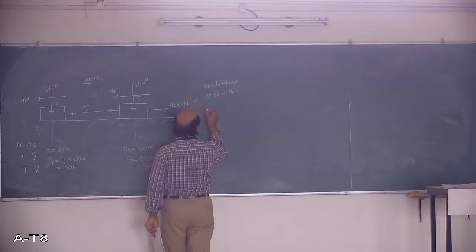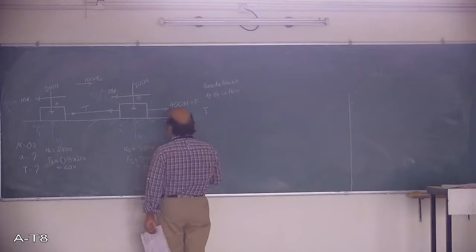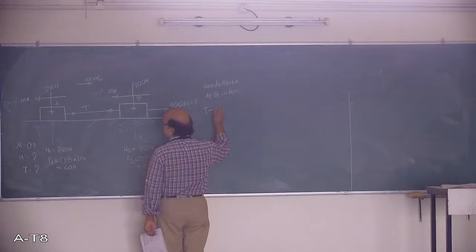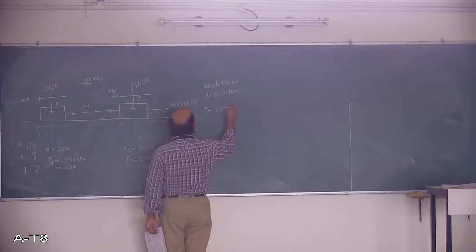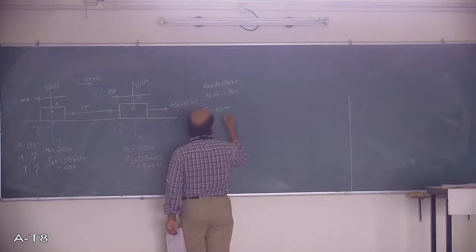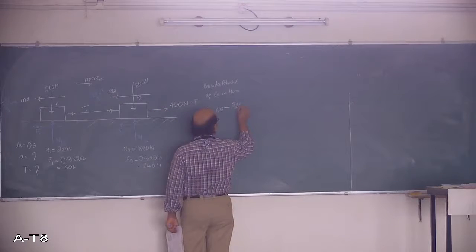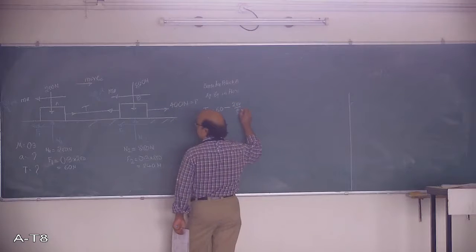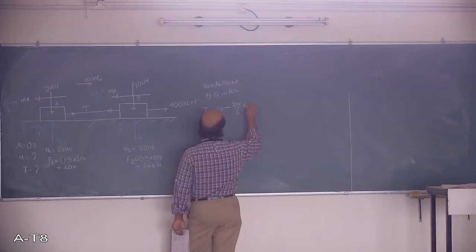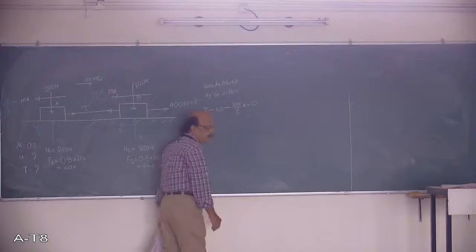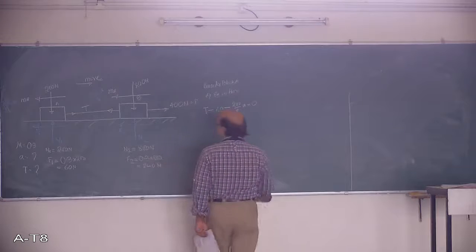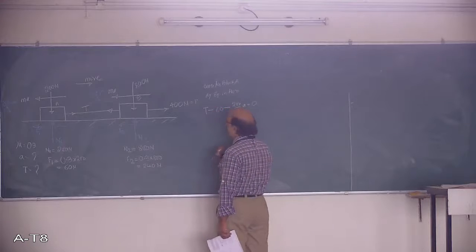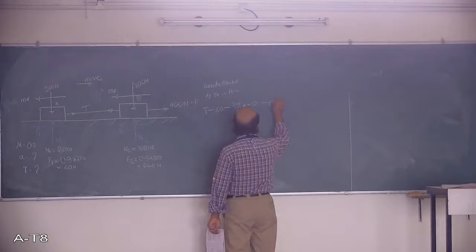So T, I will take it positive, is T minus F1. F1 is 60 Newton, minus W, 200 by G into A, is equal to 0. There are only three forces acting, and this I call equation 1.